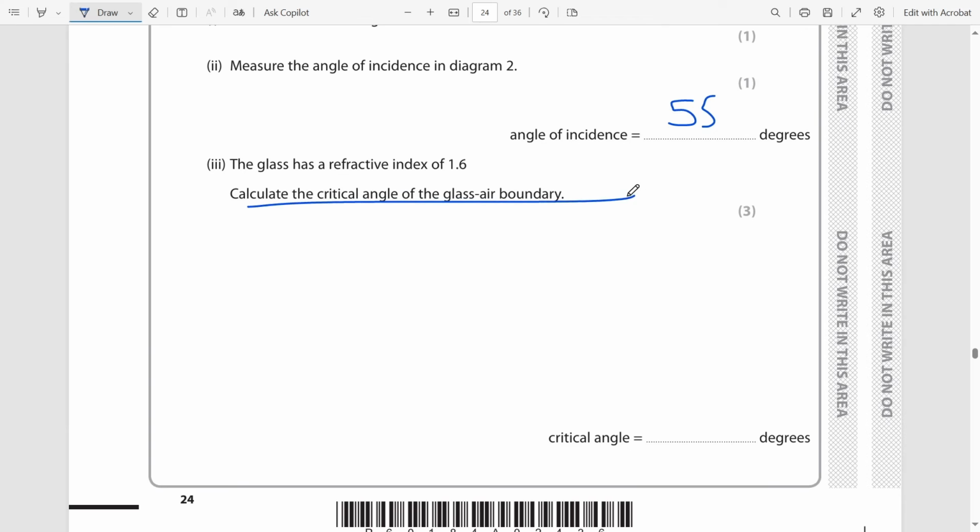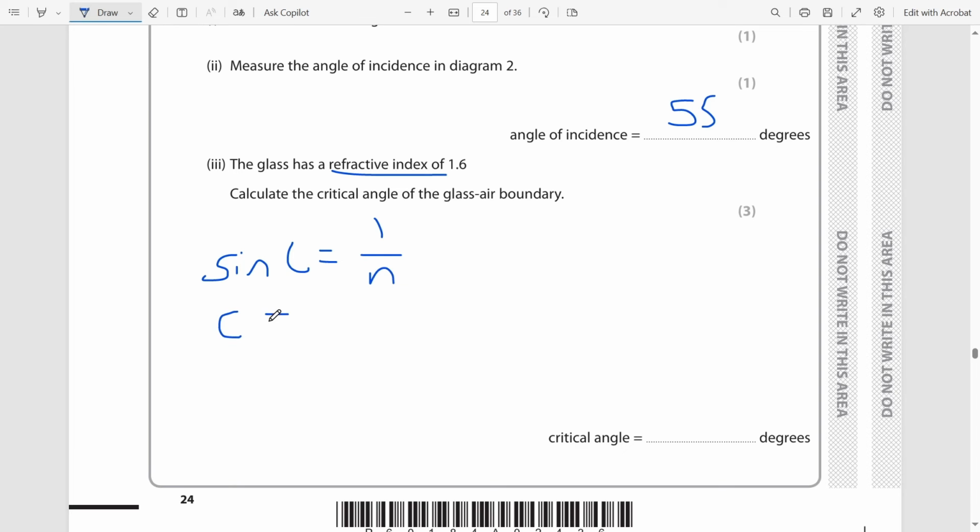So calculate the critical angle. Okay. So we have refractive index, which is n, and we are looking for critical angle. So this is going to be n equals 1 over c. No, no, sorry, this is going to be sine c equals 1 over n. My mistake, I messed them up.